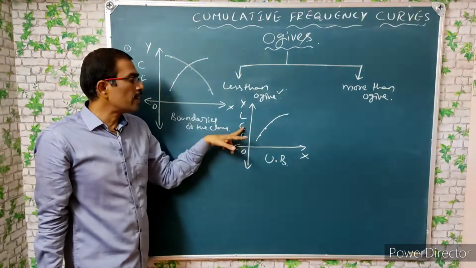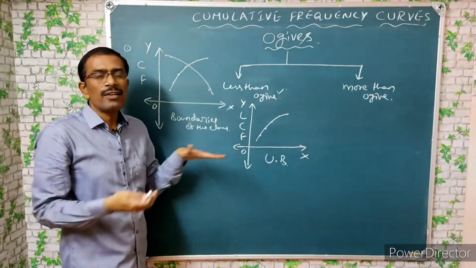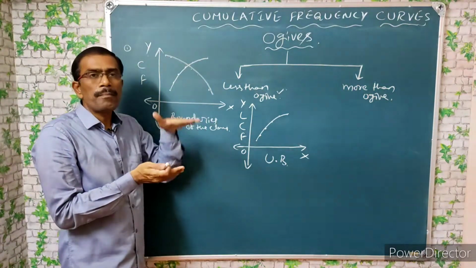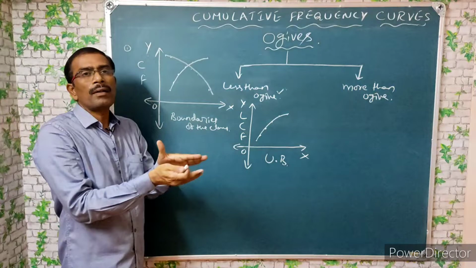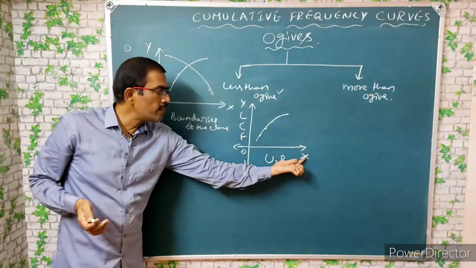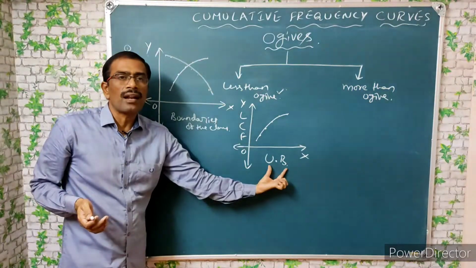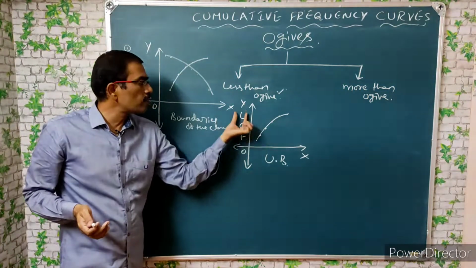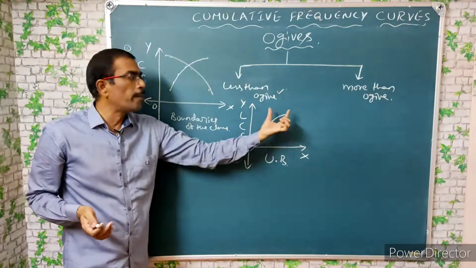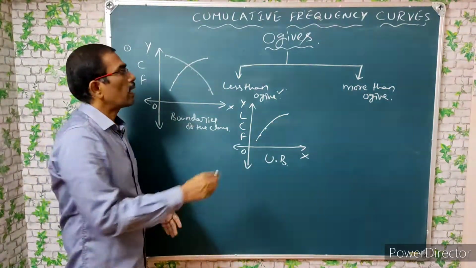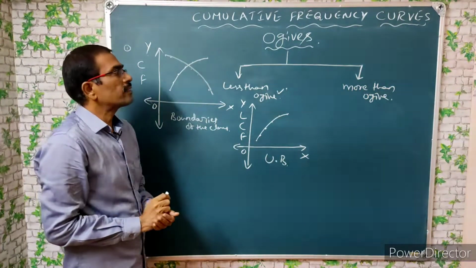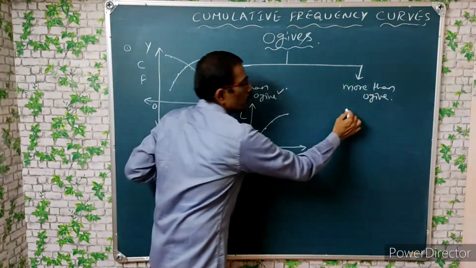Less than cumulative frequency means the sum of the frequencies from the beginning to the upper boundary of a particular class.